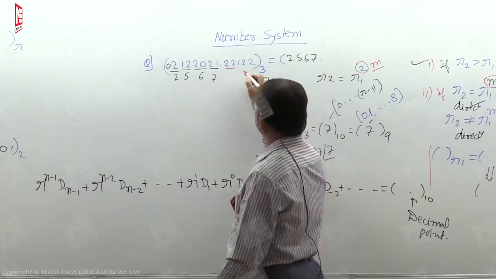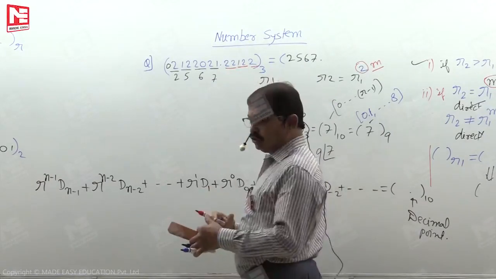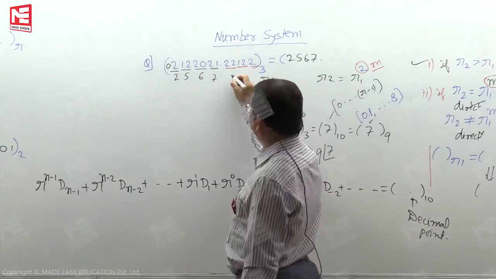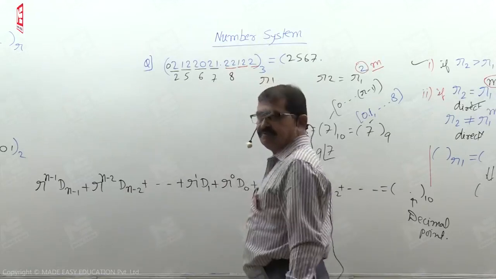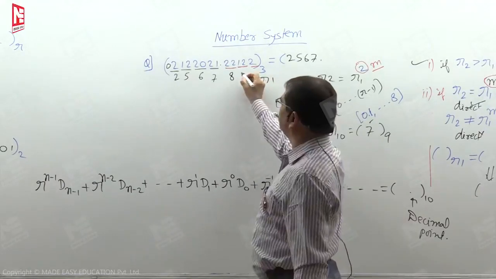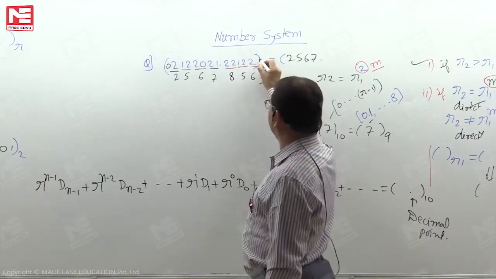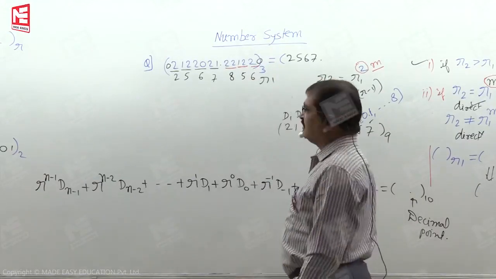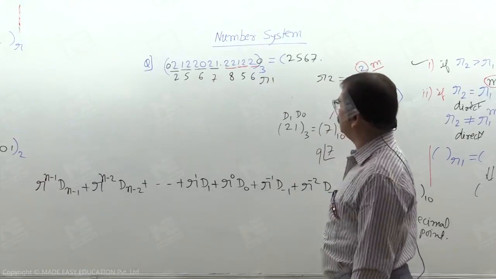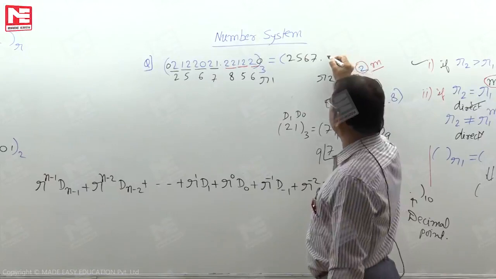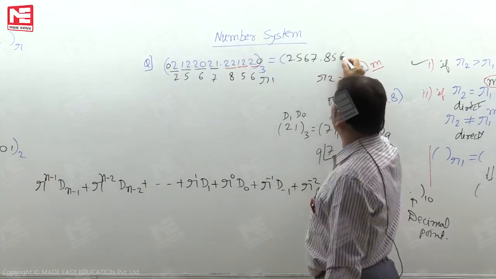We have 3 groups. For each group we must read its equivalent radix 9 number. This will be 8. This will be 5. This will be 6. You have to suffix 0 so that it is 6. Hence it is 8, 5, 6.